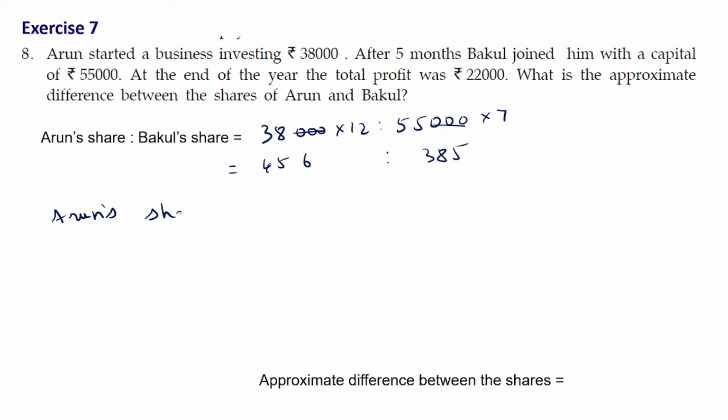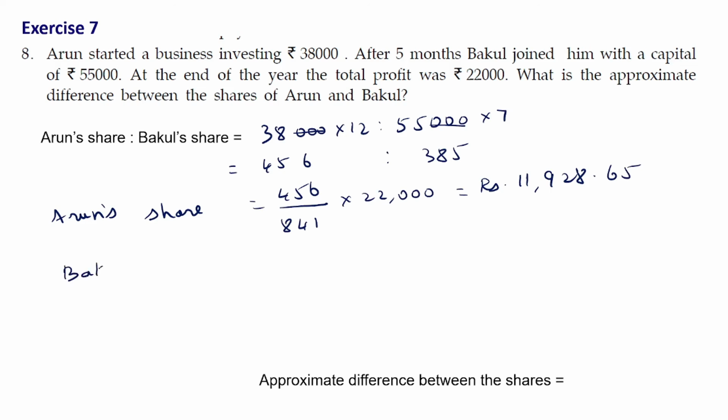So Arun's share is equal to 456 by 841 into 22,000, or it is equal to rupees 11,928.65.